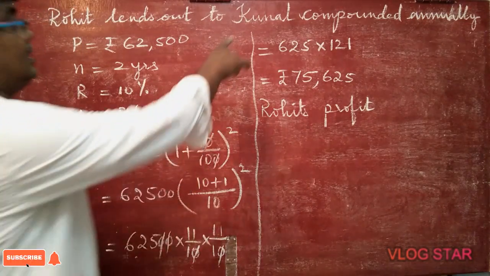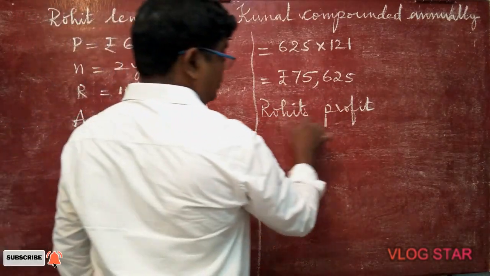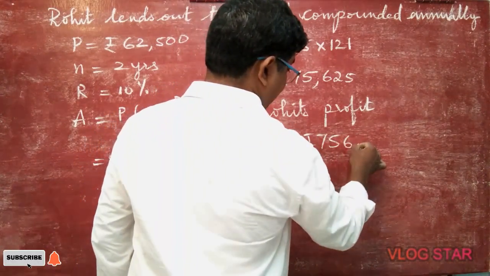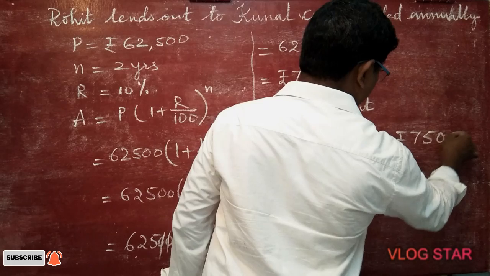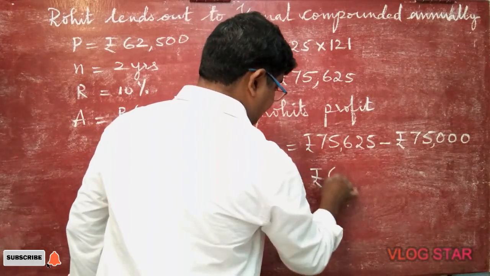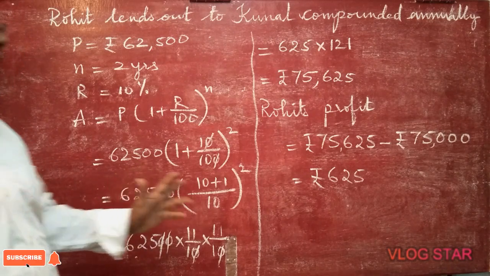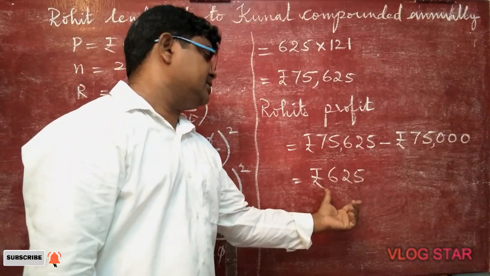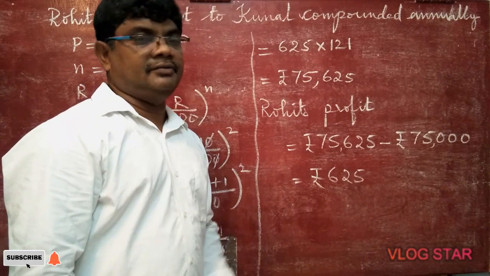But he is giving to Kunal on compound interest, and he gets 75,625. So from 75,625 we subtract what he gives Arun, 75,000 after 2 years. How much is remaining? 625 rupees profit. That is the difference between compound interest and simple interest: for simple interest 75,000, for compound interest 75,625. Difference is 625.